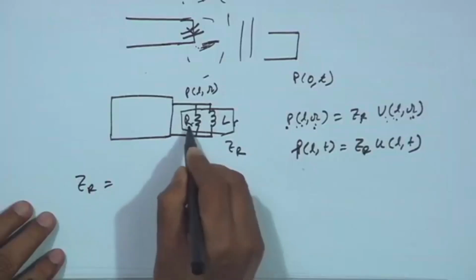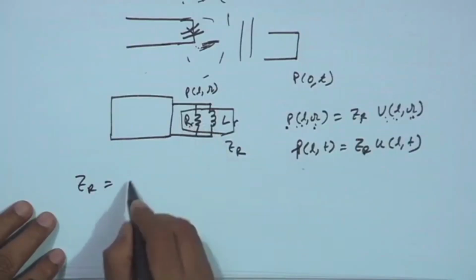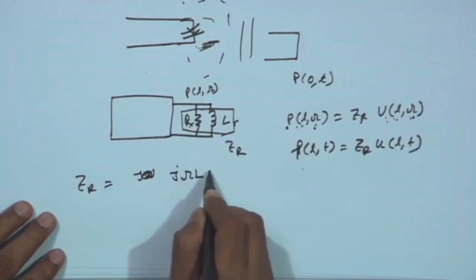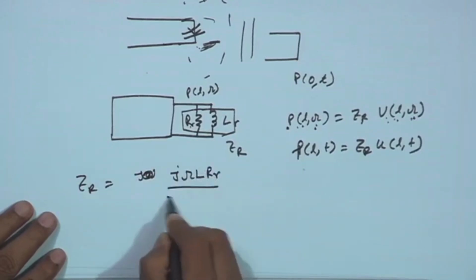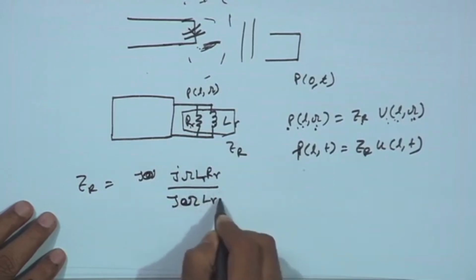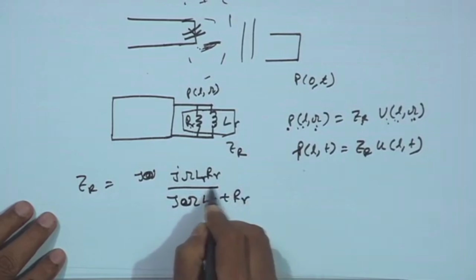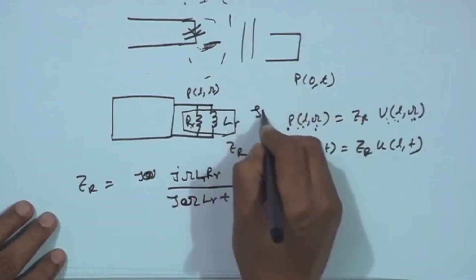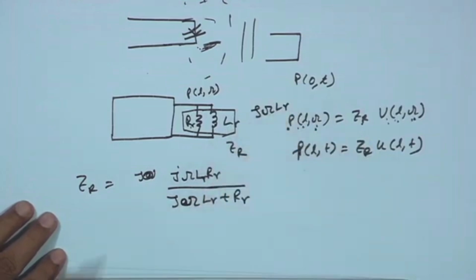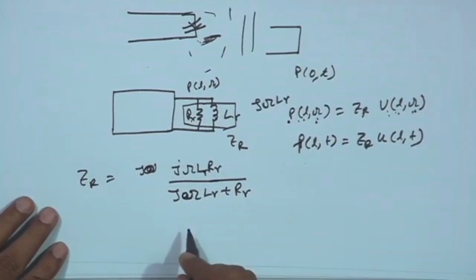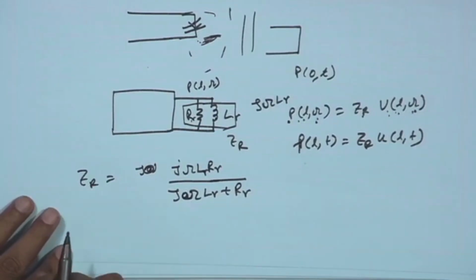Now, what is Z_R? These two are in parallel: the inductance j omega L_R in parallel with R_R. So, Z_R is j omega L_R R_R divided by j omega L_R plus R_R.